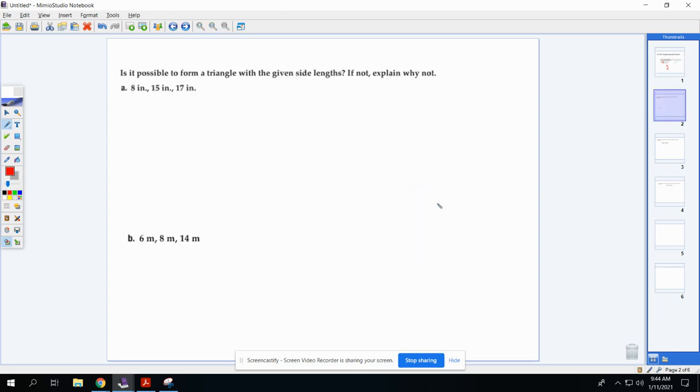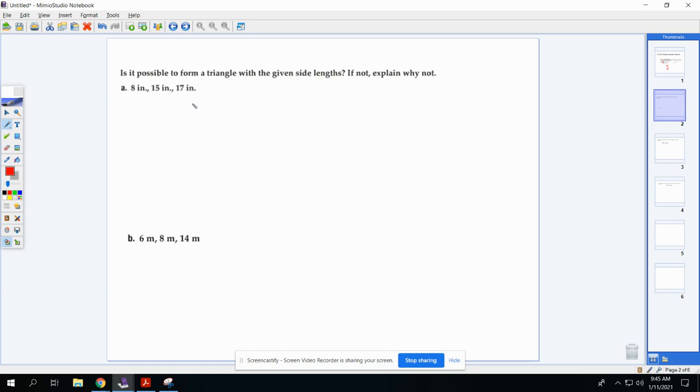So let's do a couple of examples to make sure we know what we're talking about. Is it possible to form a triangle with the given side lengths? If not, explain why not. In this example, we have 8, 15, and 17.